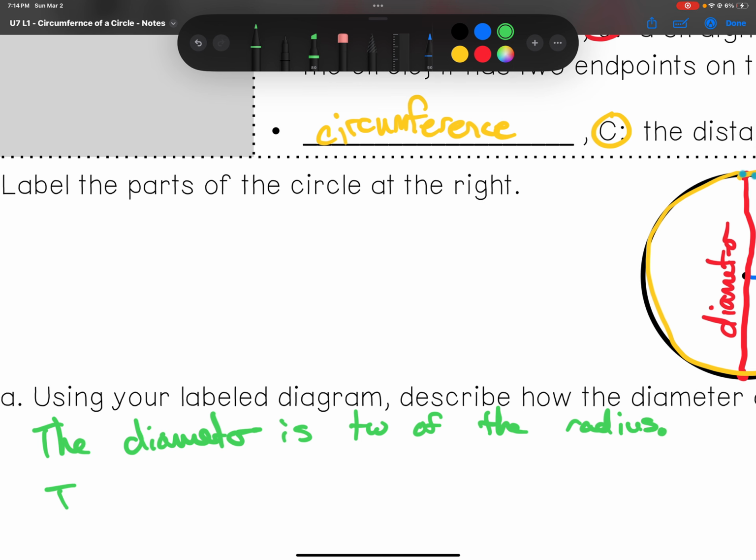Also, the radius is half the diameter. So the diameter is 2 of the radius, so 2 times. Got my r there. And the radius is half of the diameter. If that makes sense to you, then today should be fairly easy for you.